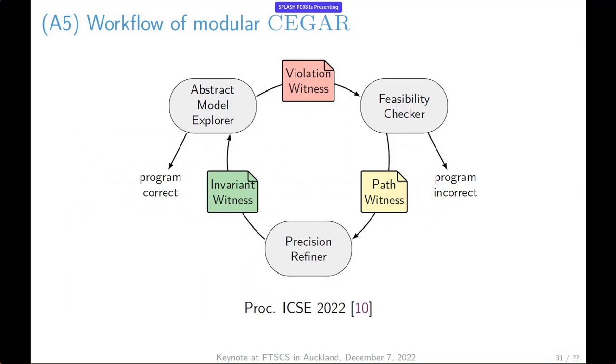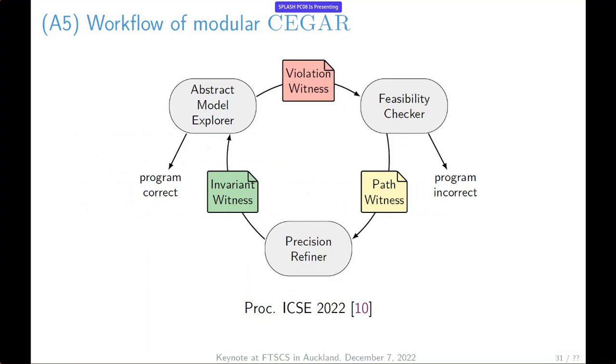Feasibility checkers. There are many validators around. Even you could use bounded model checkers here, because the paths are finite, right? And bounded model checkers are perfectly fine with verifying whether the bug is on a certain C program that represents only one path. And here we have also experimented to use various precision refiners.